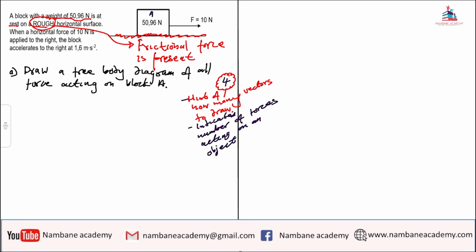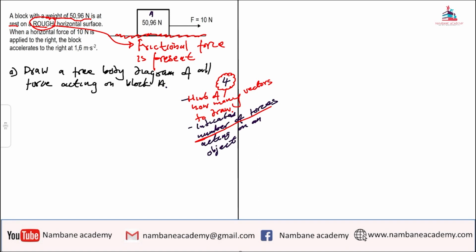Fine. So it is a hint that I'm going to draw 4 vectors. This 4 indicates the number of forces acting on the object. So I must be clever. When I am going to draw, I know I'm going to have 4 vectors.